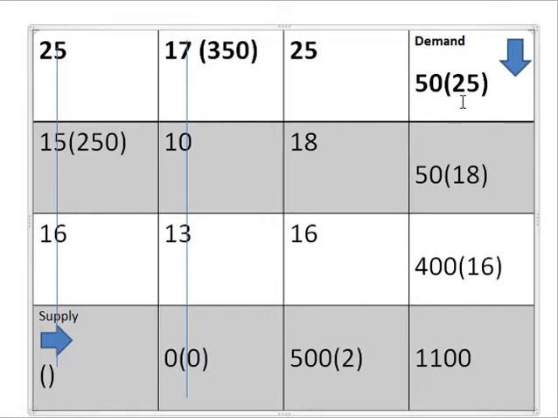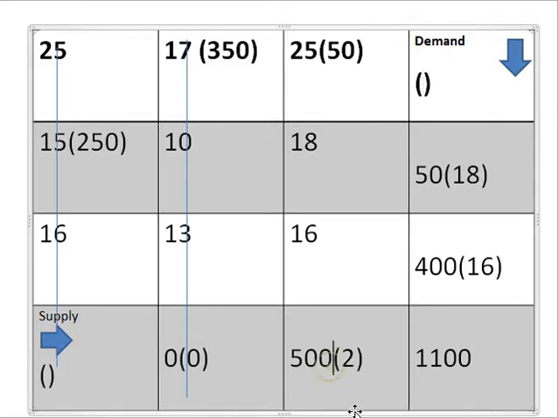So, because here in the bracket 25 is the maximum, we are going to allocate 25. Here the demand is 50 and the supply is 500, so we are going to allocate 50 to this 50, and here the 50 is removed.